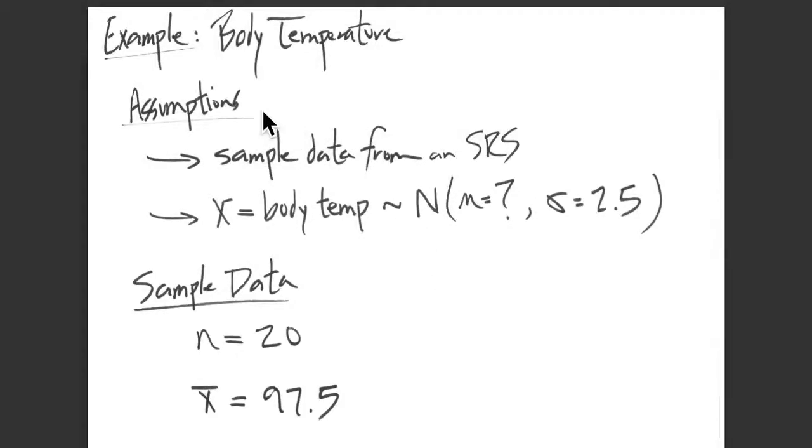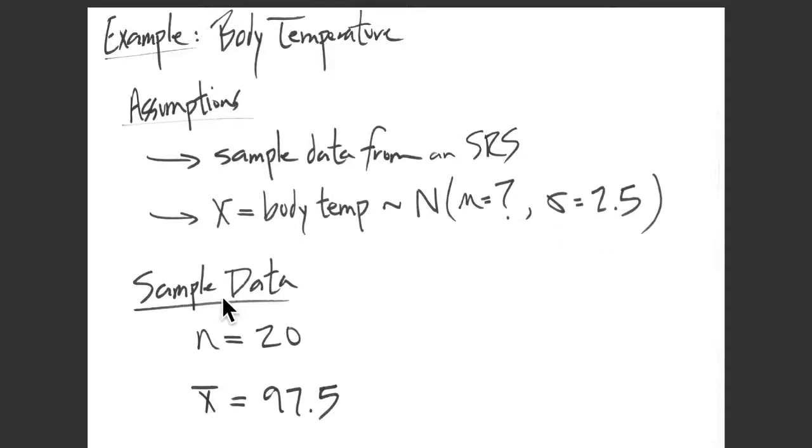So again, let's just list our assumptions here. Again, we'll assume that we have sample data from a simple random sample. Our population variable is body temperature, which we'll assume to have a normal distribution with an unknown mean, but a standard deviation of sigma equals 2.5, and that all came from the problem statement.